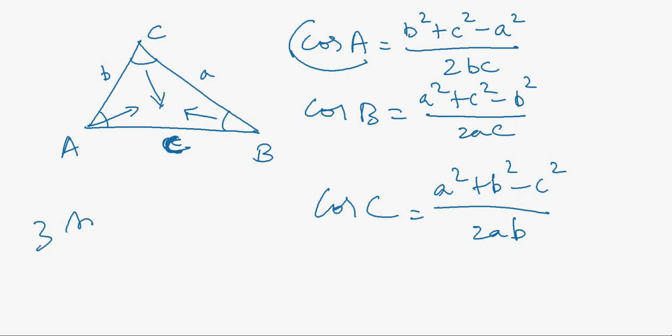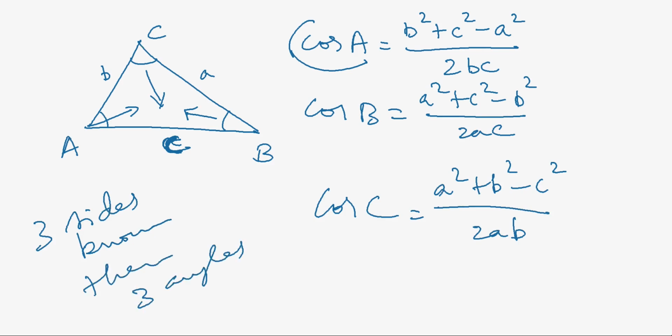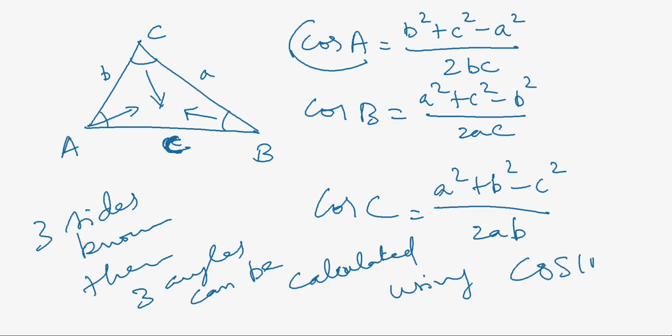So if the three sides are known, then the three angles can be calculated using the cosine rule.